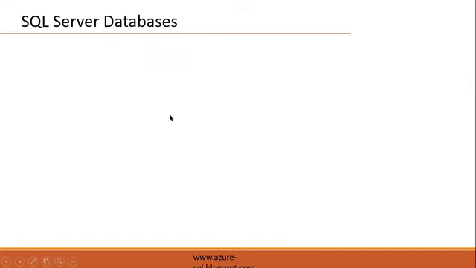In general, remember, in every production SQL Server we have two types of databases: system-defined databases and user-defined databases. And we know already, by default, system databases are created automatically once we install SQL Server.